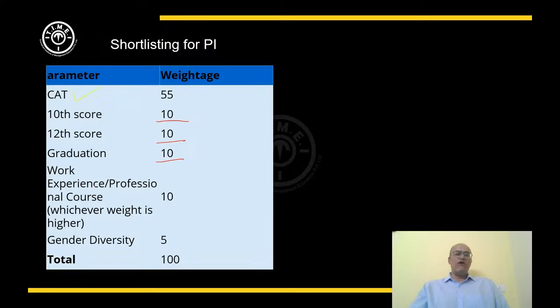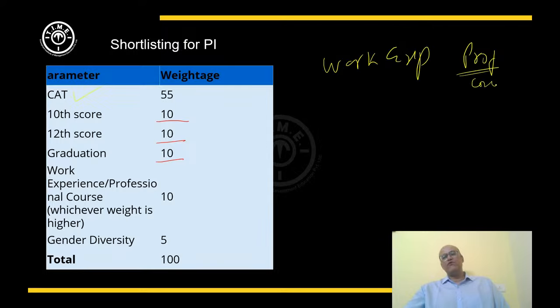Now, why am I saying "or" here? See, the reason I have mentioned "or" out there, you need to understand, is there are people who may have work experience, but who may not have done a professional course. I'm talking about, let's say, an engineer with work experience. Now, that person has work experience but doesn't have a professional course. What is professional course?